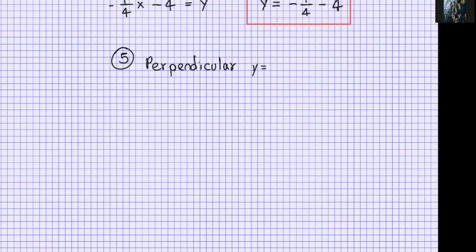So we'll have y equals negative 2/7 of x plus 2. And the line that we're looking for goes through 2, 2.